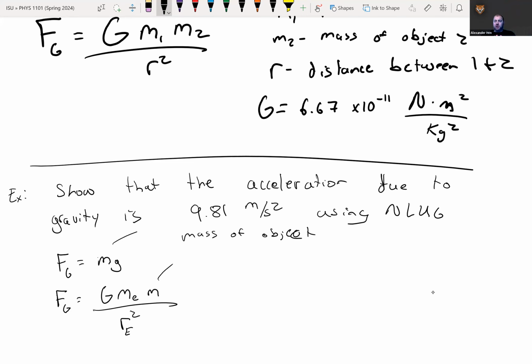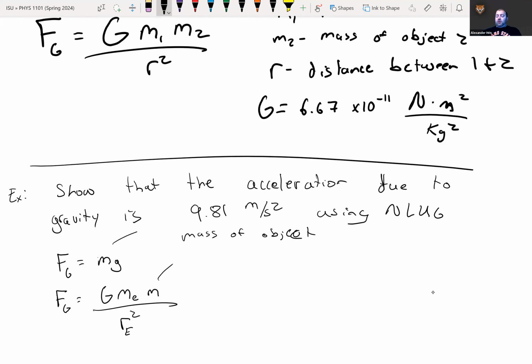People are tempted to say, well, the radius is 0 because I'm on the surface of the Earth. But really, Newton's law of universal gravitation only works, and the math is equivalent, if you pretend that the mass of all the Earth is concentrated at its center. So really what you care about is your distance away from the center. Why that's the case is a calculus proof. But that's what you're interested in: distance away from the center.